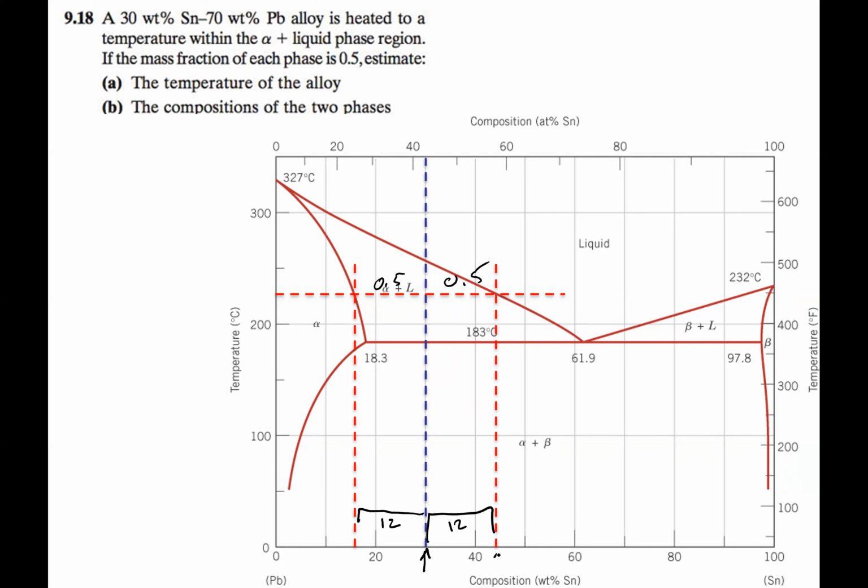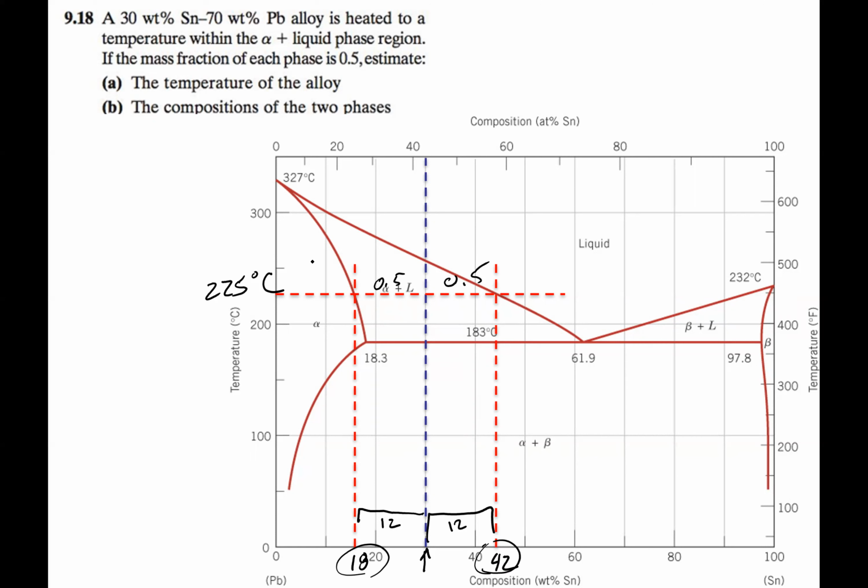So that looks pretty good. So this is maybe 42, and this one over here is maybe 18, something like that. Maybe the distance is more like 13 apiece, but you get it. So you pick those points off, and now if I was to plug these values in to my weight fraction equation using my inverse lever rule, I'd see that I get about 50-50. So it looks like my answer is something like 225 degrees.